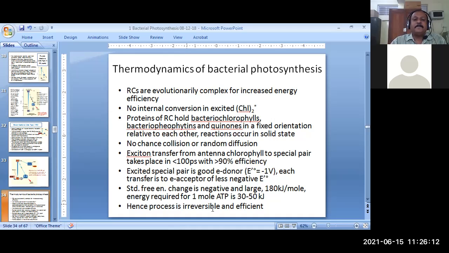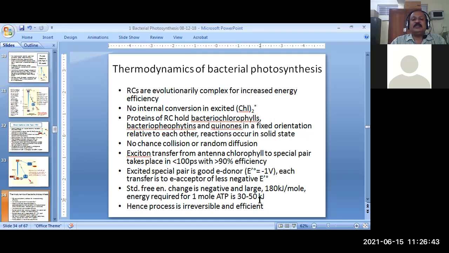Then we have also seen in the case of plant photosynthesis, and here also it is true that the standard free energy change for this electron transfer is very large and negative, and 180 kilojoules of energy can be produced per mole of photons which are transferred. And we have seen that 1 mole of ATP requires 30 to 50 kilojoules. So compared to what is required for 1 mole of ATP, what we get is 180 kilojoules.